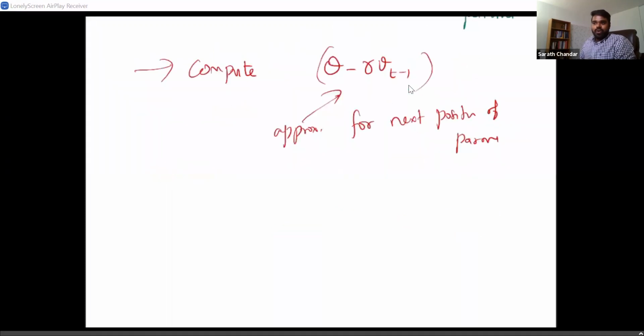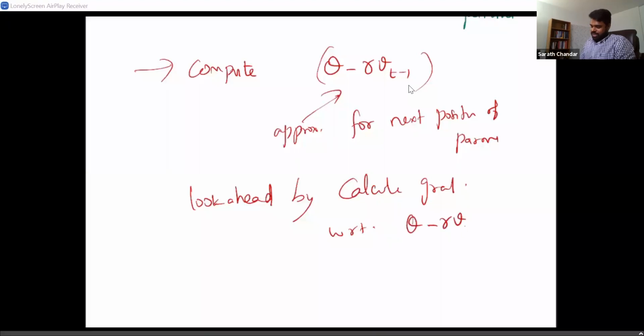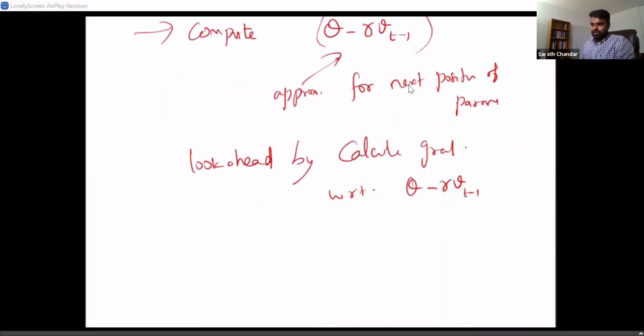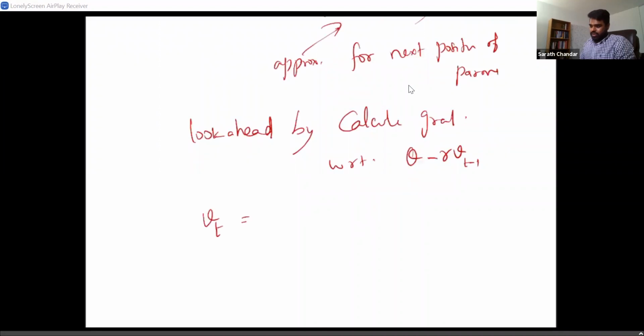So now I can efficiently look ahead by calculating my gradient with respect to theta minus gamma v_{t-1}. So now the update equation becomes v_t is equal to gamma times v_{t-1} plus eta times the gradient with parameter theta minus gamma v_{t-1}. Theta is equal to theta minus v_t.